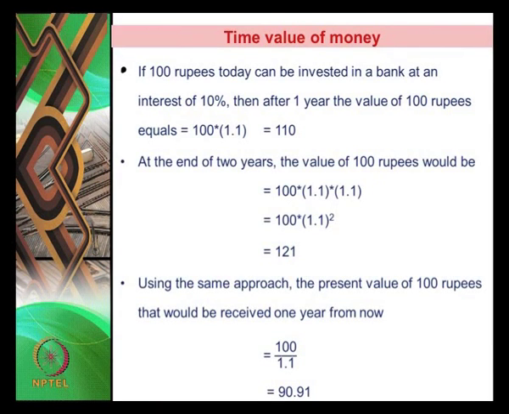Let's say you get 100 rupees today. That can be invested in a bank at an interest rate of 10%, and therefore the total value of the investment at the end of 1 year will be your original amount plus the interest that the investment earns when you make the deposit in the bank. So the 100 rupees that you deposit today would be worth 110 1 year from now.